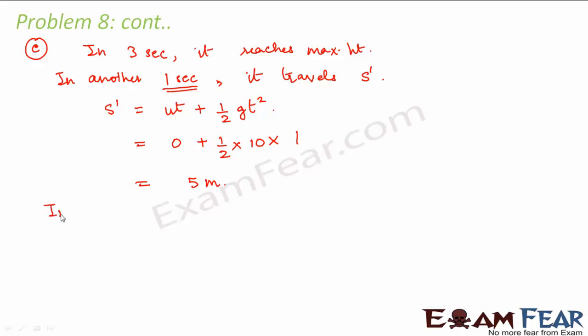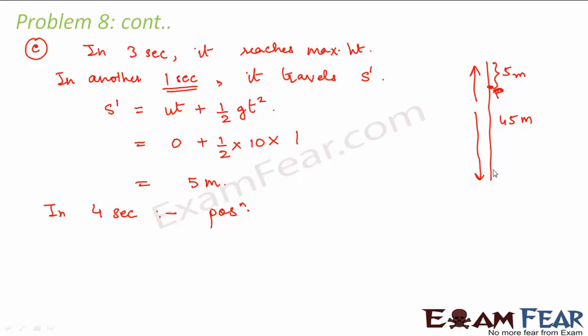So that means in 4 seconds, what was its position? If you look at the height of the tower, what is the height of the tower? It is 45 meters, right? Just now we calculated the maximum height. So this is the height of the tower. In 1 second it traveled 5 meters. So that means it is at this point P currently.